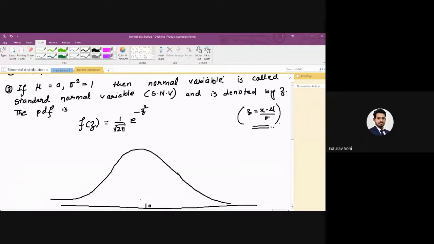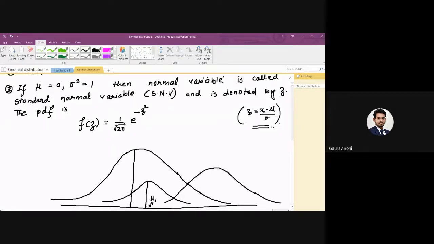Even if it doesn't look like it, consider it a bell-shaped curve. All the three are bell-shaped curves here. This is the mu for the first one, so I'll call this mu1. Mu1 is simply 0.